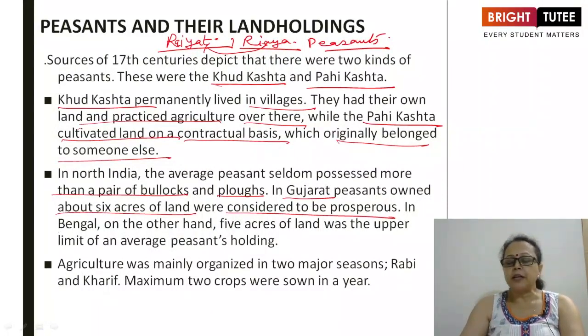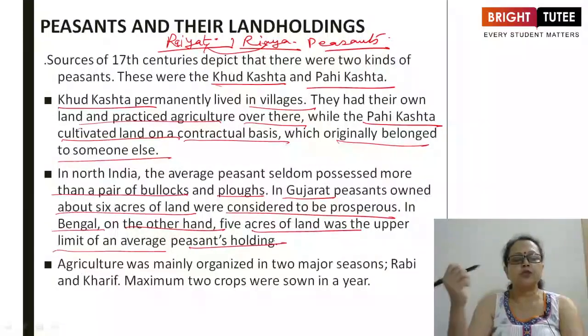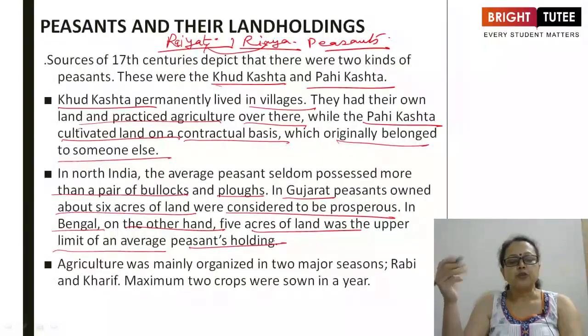In Bengal, on the other hand, 5 acres of land was the upper limit of an average peasant's holding. So this is the difference, even in northern India, in the western side, the eastern side, and central India. The position of the peasants is different.